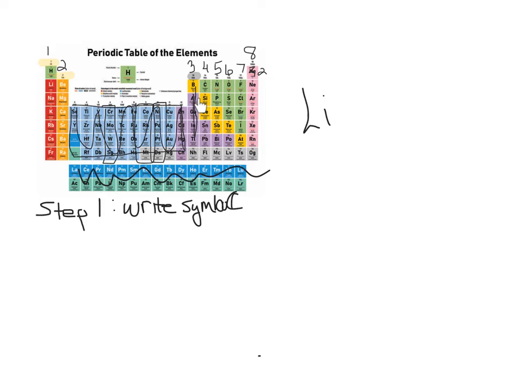Group 14 have 4 valence electrons, 15 have 5, 16 have 6, group 17 have 7, and group 18 have 8. You have to memorize this. There aren't a whole lot of things that you have to memorize in chemistry, but this is one of them. Valence electrons, looking at a periodic table.